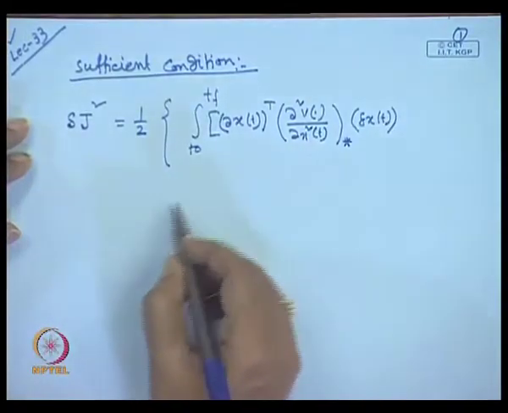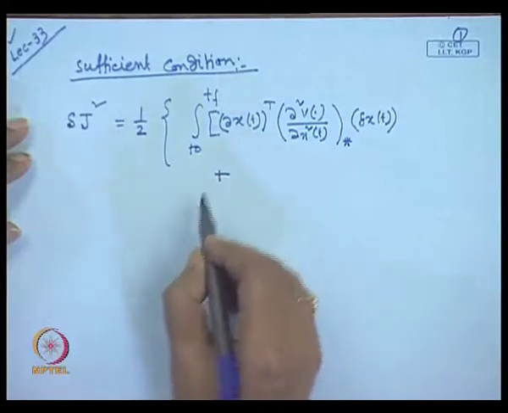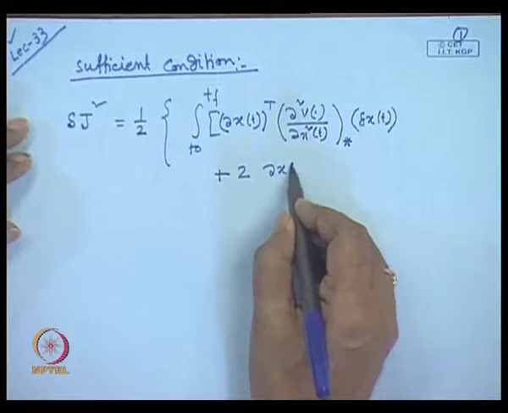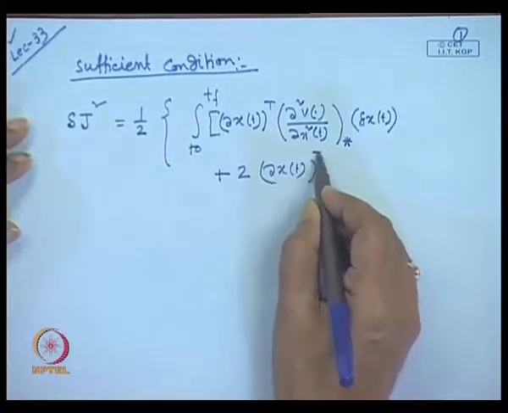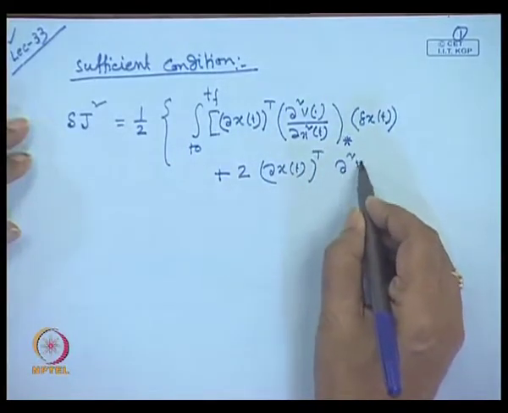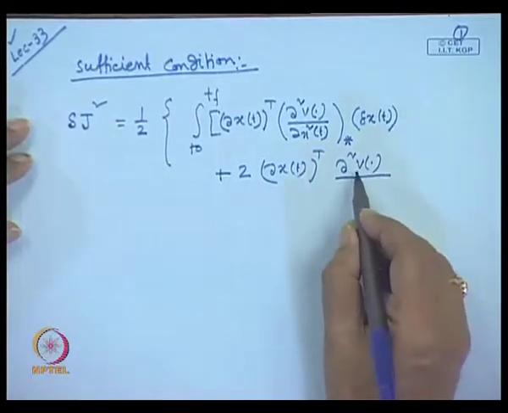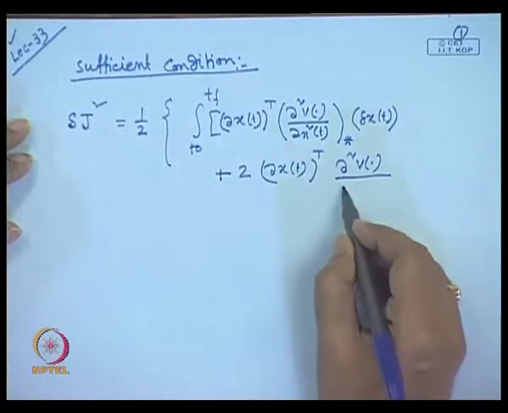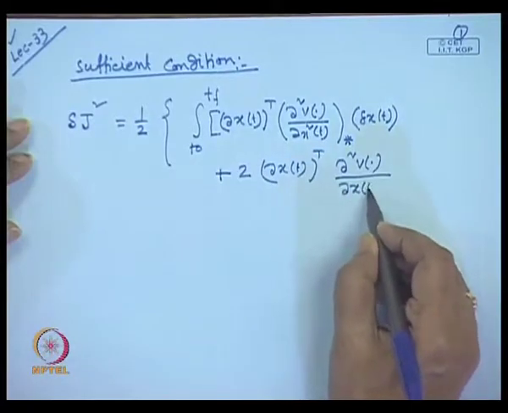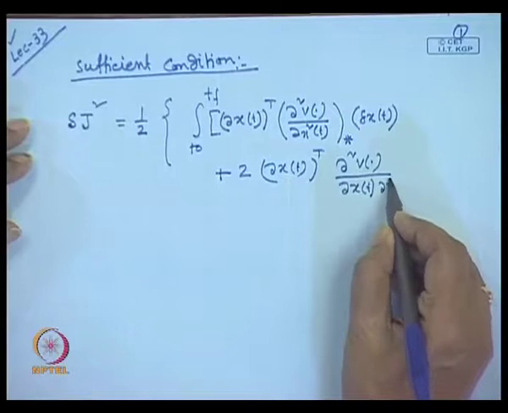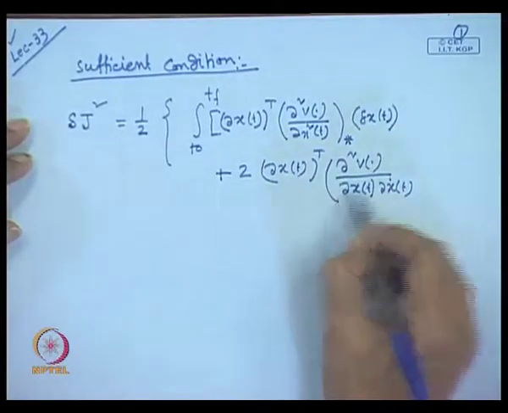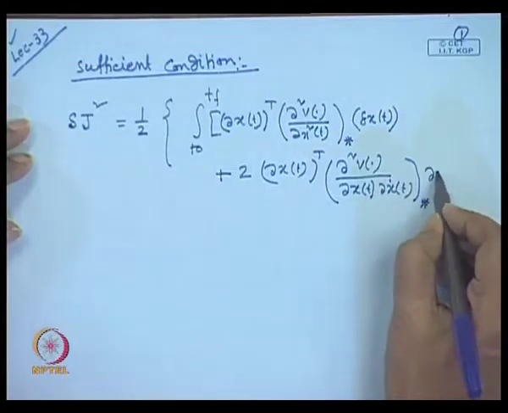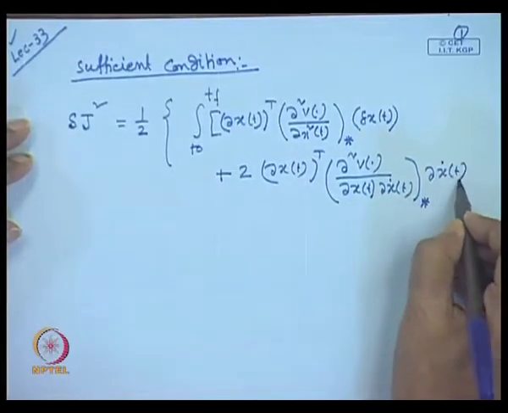The second term is twice delta x of t whole transpose, then the gradient of V with respect to x, differentiated with respect to x dot, computed along the trajectory, multiplied by delta x dot of t.